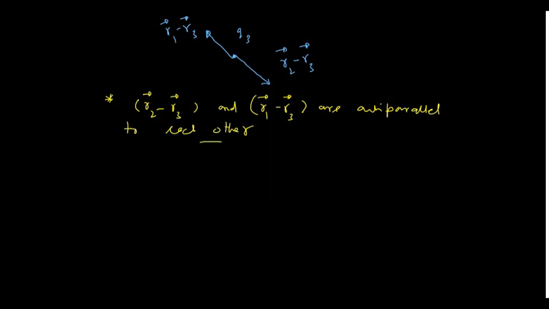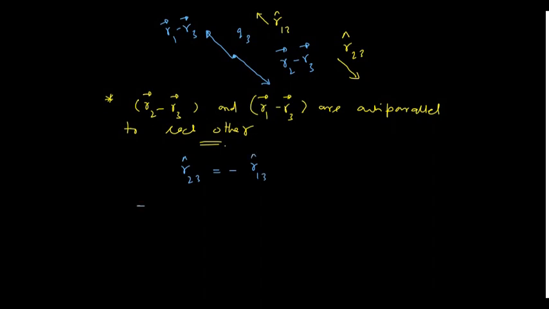All right, so if they are anti-parallel, that means if I take this as r23 unit vector and this as r13 unit vector, r23 is in this direction, r13 is in that direction. So can I write comfortably that r23 cap is equal to minus of r13 cap? Yes, I can write.